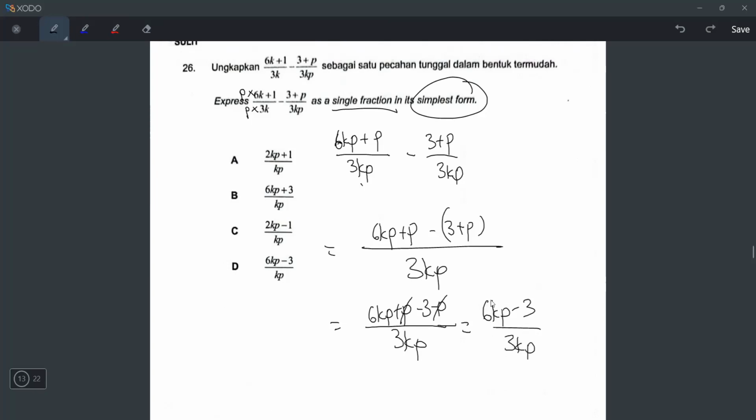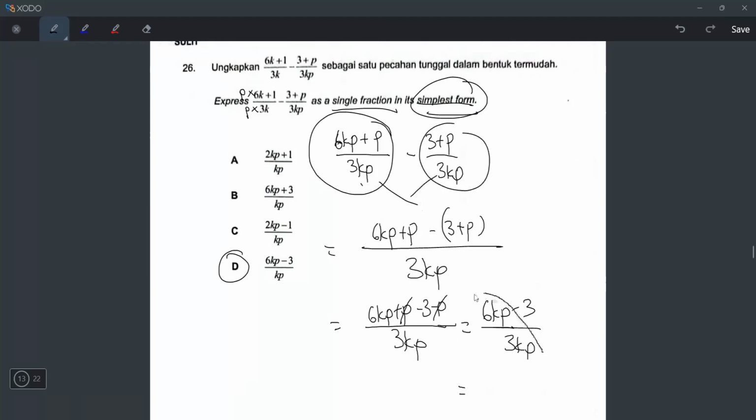Okay, but I can see that they can simplify, right? All these numbers can divide by 3. Okay, but I don't think you have to do that because you already see the answer. Okay, because this one the answer is D lah. Okay, but I do want to mention one thing. This one I can actually simplify lagi, because if they want simplest form, you can simplify lagi. How to simplify? Okay, do you remember I take this one and this one, I merge them together because the denominator is the same.